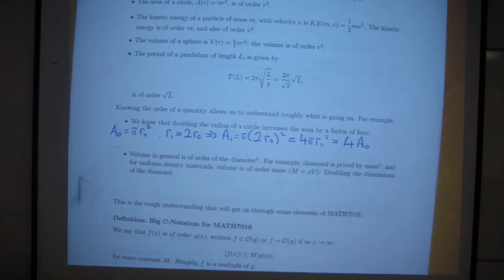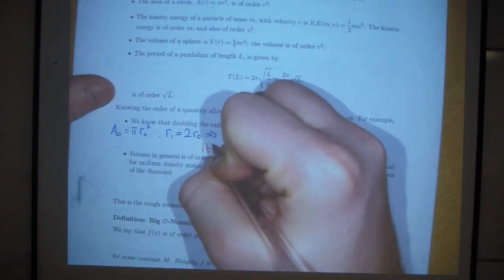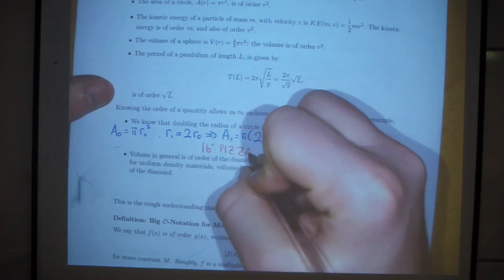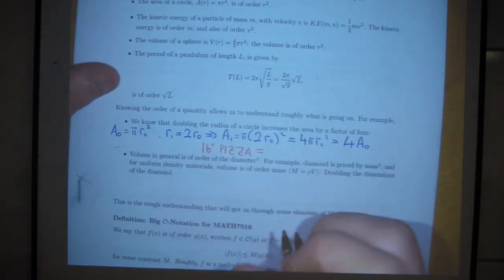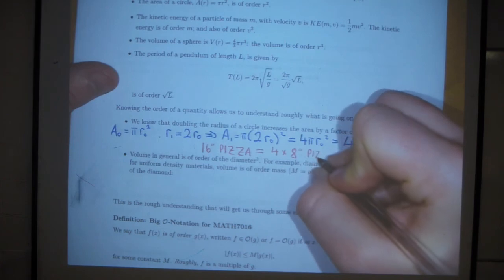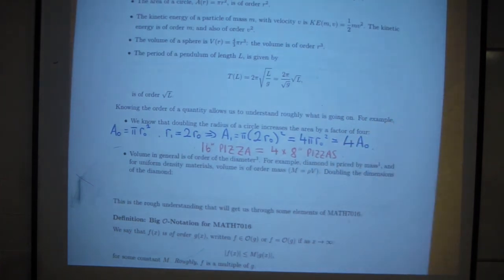So one 16-inch pizza, which of course has a radius equal to 8 inches, has the same area as 4 8-inch pizzas. People don't really realise that, because you can get a 9-inch pizza, and that's close to an 8-inch pizza, and you say, oh, I'll eat an 8-inch pizza. And you think, I'll eat that little pizza, and then I'll eat another one. Am I really going to be able to eat 2 more? Can I eat 4 pizzas? And the answer is you probably can, if you can eat a 16-inch pizza.